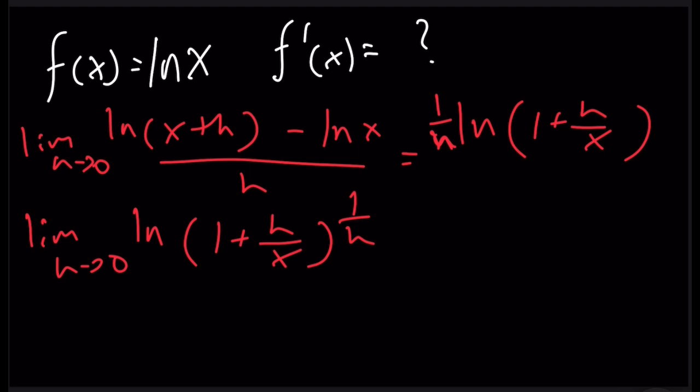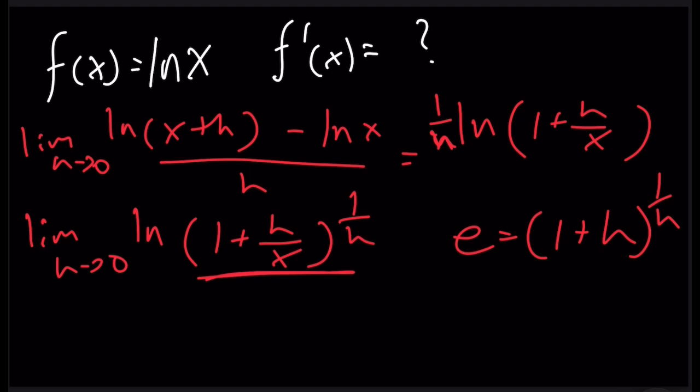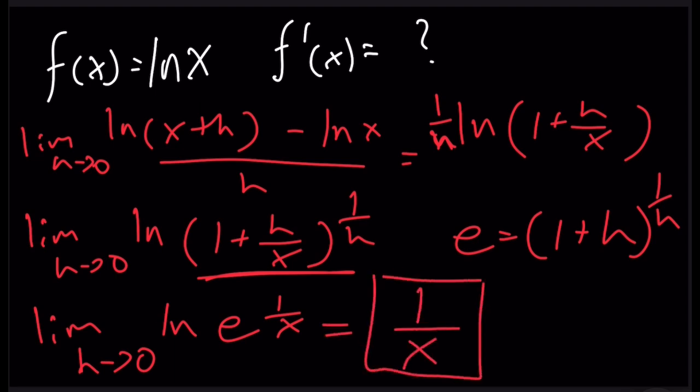And if that's true, then this term is going to be the limit as h approaches 0 of e to the 1 over x, as given by this term, and that is just the same as 1 over x, which is our derivative.